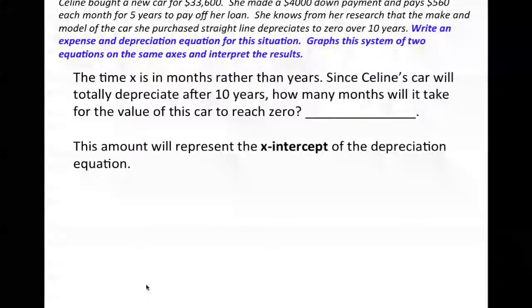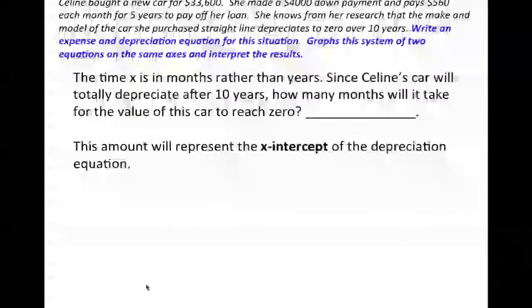Okay, now we have a problem here, and this is why I hand-hold the first time I do this with kids, because there are really two different periods of time in this problem. One is in years and one is in months, and we have to rectify that in order to be able to do a system, in order to compare the two things that are going on. So the time x is in months rather than years, and since Celine's car will totally depreciate after 10 years, how many months is 10 years?